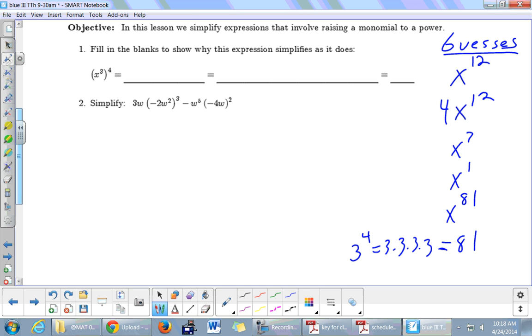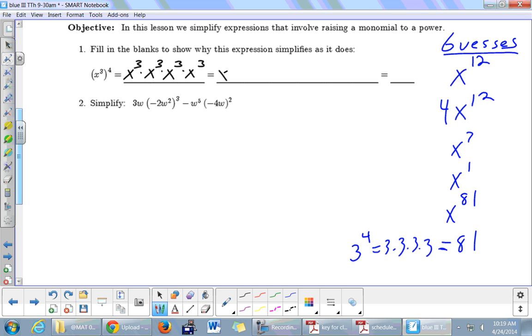So the first thing we're going to do, we see x cubed raised to the 4th power. Here's what I'm going to do. I'm going to say, if I have something raised to the 4th power, it really means write it 4 times. You guys buy that? That's just writing out what a 4th power means. It means you copy the thing in the parentheses 4 times. Okay, but now I've got a bunch of x cubes, and we've been writing out a lot of those things, so let's continue to do so.